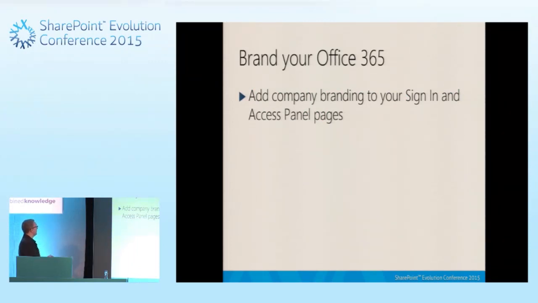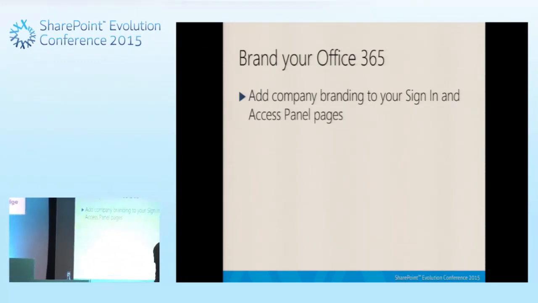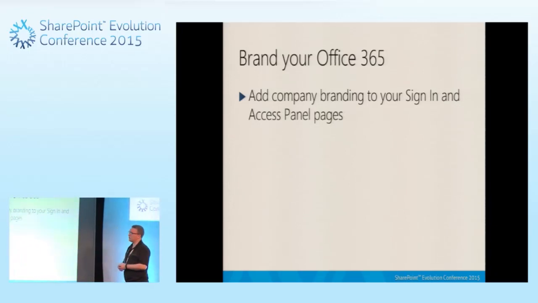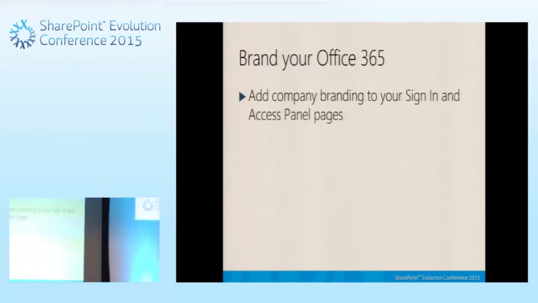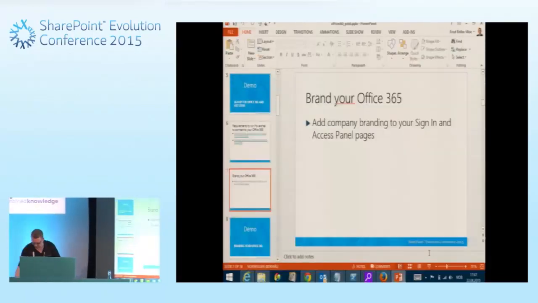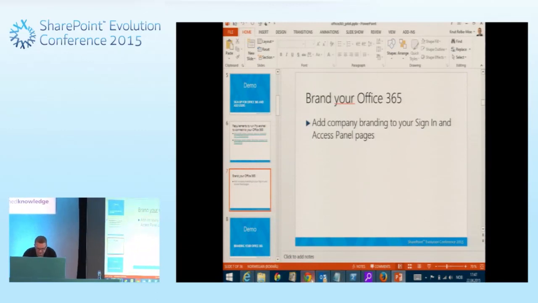And then the second thing you should do is to brand your Office 365. The way I usually do this is, first, I brand the sign-in page, and secondly, I brand the access panel page. So this is also quite easy. Let's just do that as well.